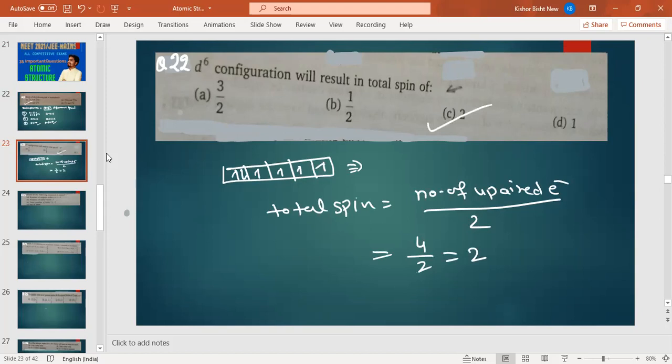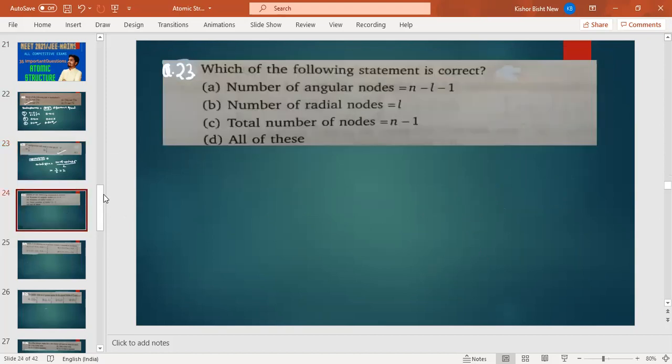Come to the next. Which of the following statements is correct? Number of angular nodes. Okay, what did here, just you see, number of radial nodes. Radial node is n minus l minus 1. And angular node is this one. It means it is incorrect. And total node, that is a sum of radial nodes.